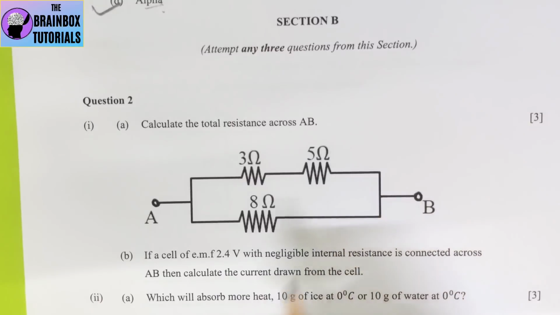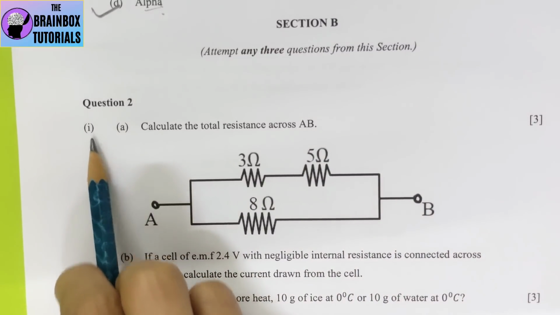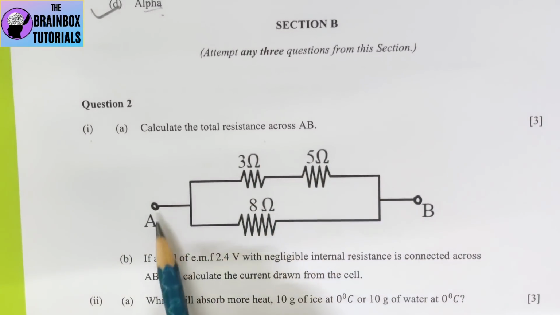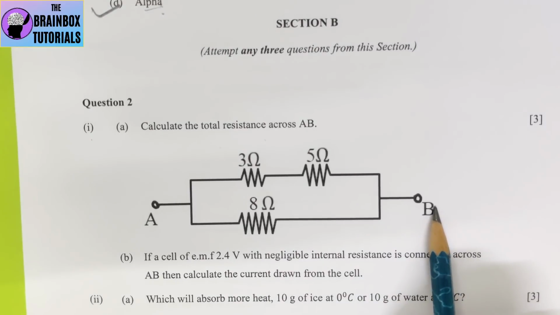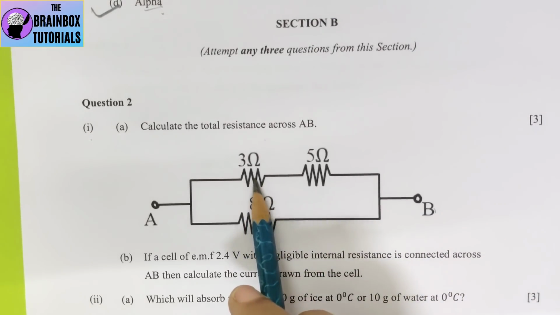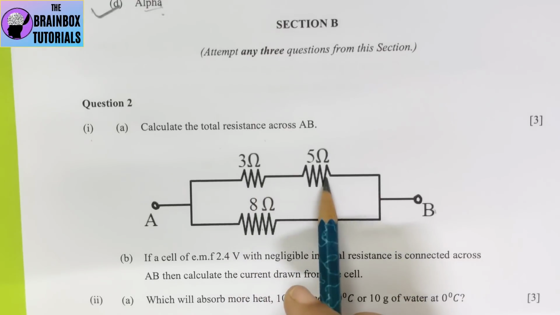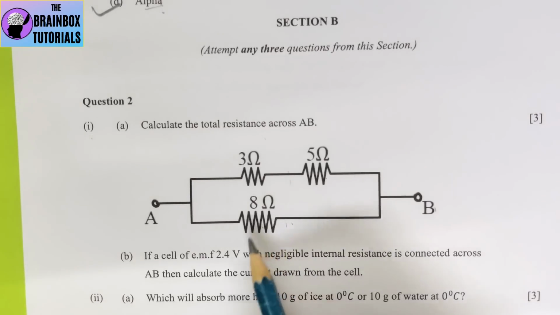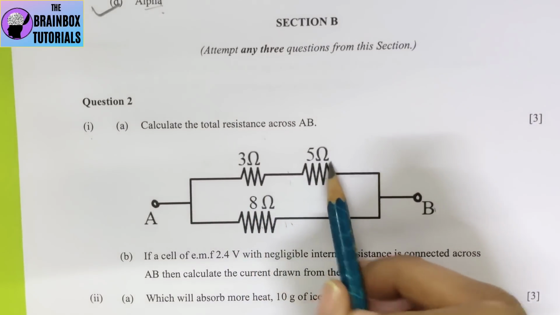Starting with section B, question number 2.1 part A. Calculate the total resistance across AB. So for total resistance we see 3 resistors are there. 2 on the upper side are in series and then these 2 are in parallel. So how we will take out the resistance? 3 plus 5, 8.